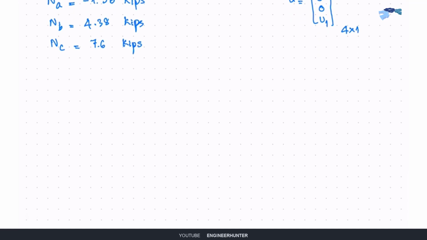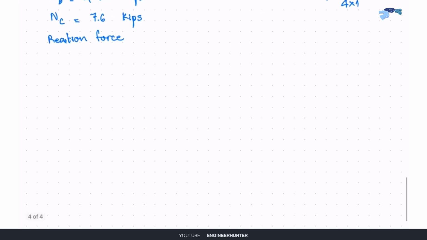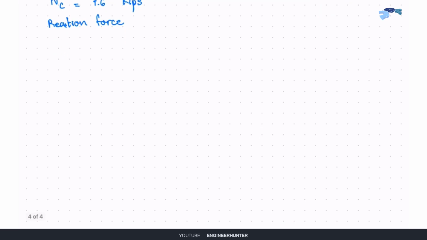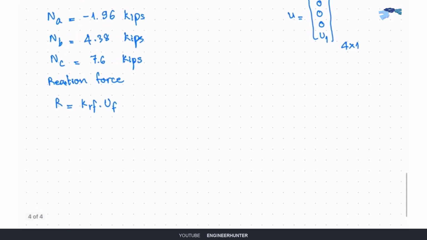So for the reaction force, you can use this formula here, and this information we already know.